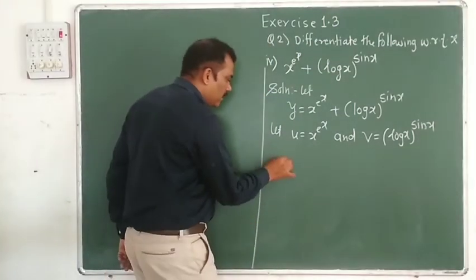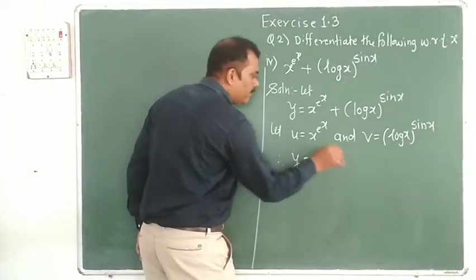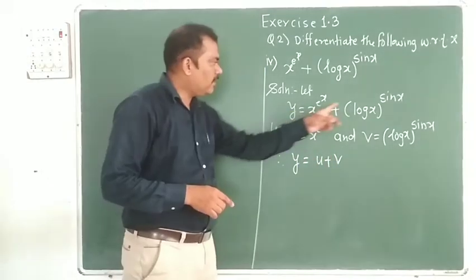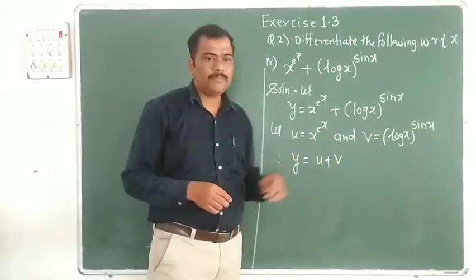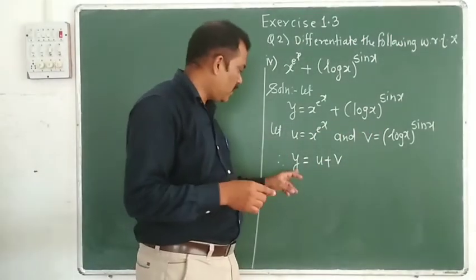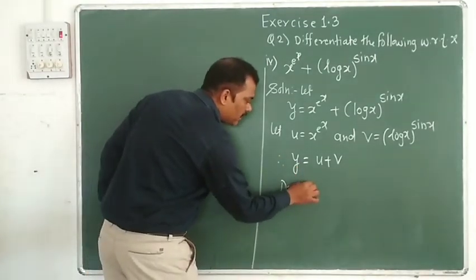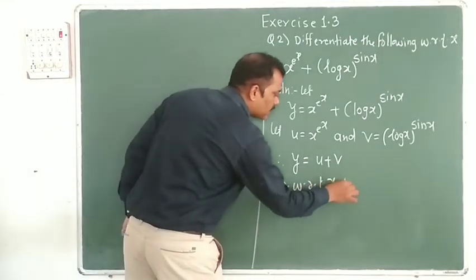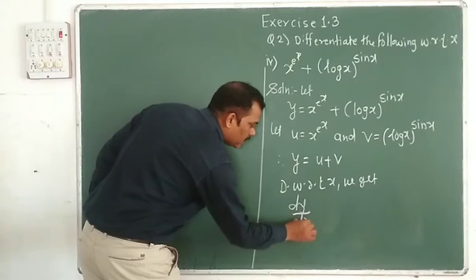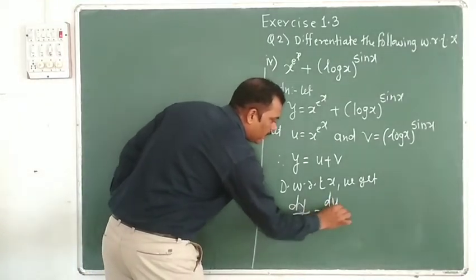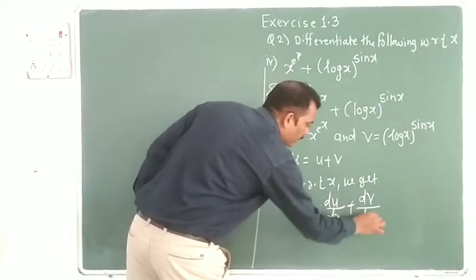Therefore, we can write y is equal to u plus v. y is a differentiable function of x, and also u and v are differentiable functions of x. So we differentiate this with respect to x, and we get dy by dx is equal to du by dx plus dv by dx.